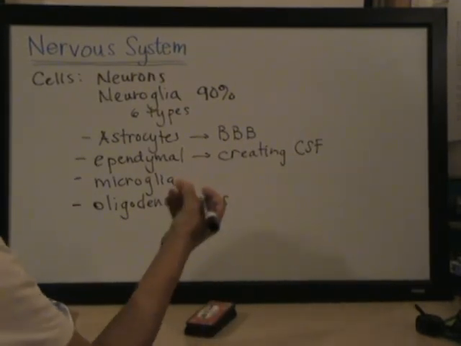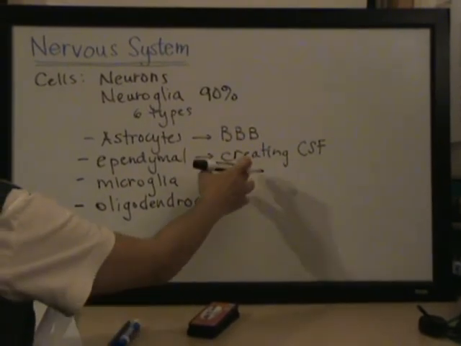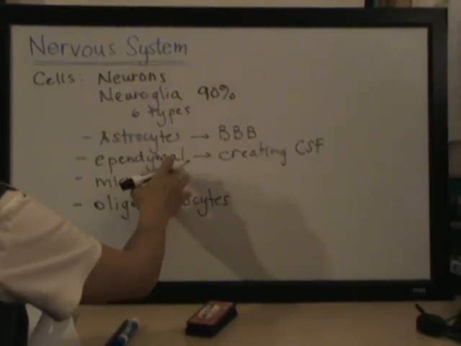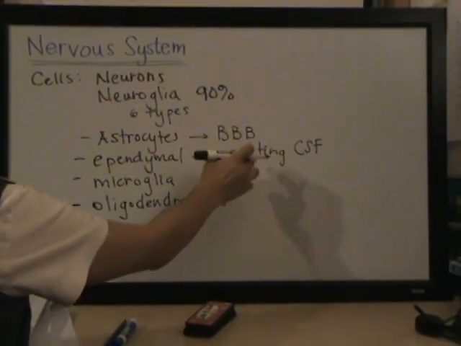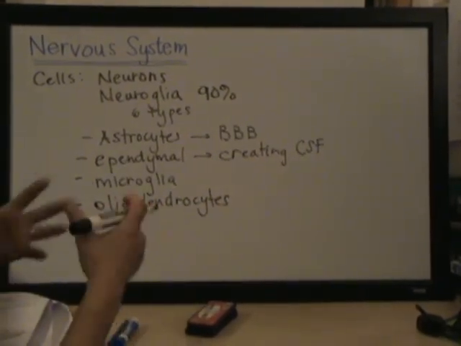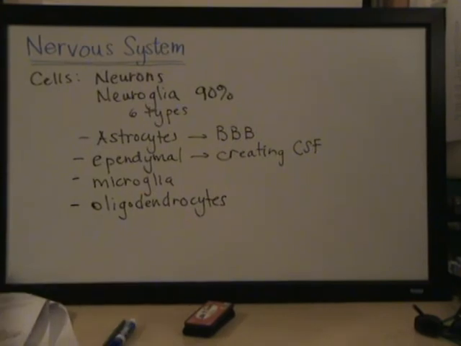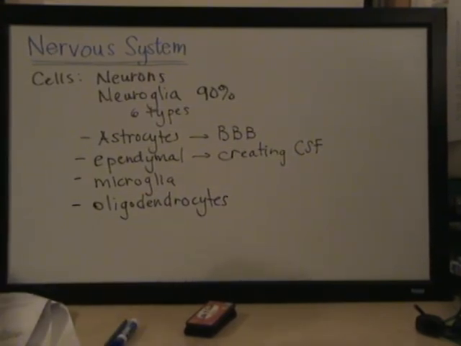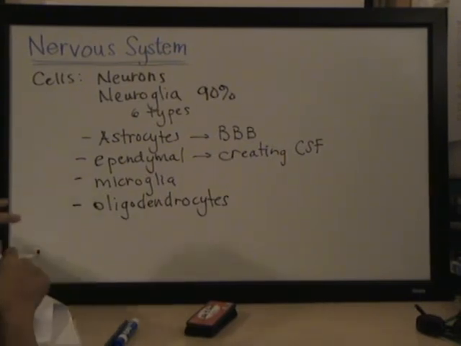So this network of capillaries, the choroid plexus plus these specialized ependymal cells, create the cerebrospinal fluid, and that cerebrospinal fluid is formed within the spaces within the brain called the ventricles, and circulates through and around the brain and the spinal cord, cushioning it and protecting the brain and the spinal cord. So you'll need to read a little bit more about the ependymal cells.